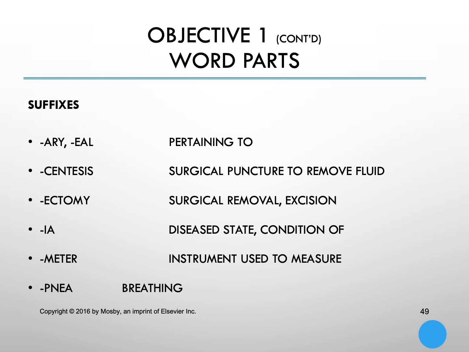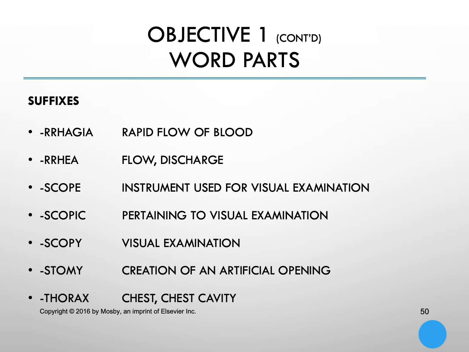Another suffix, IA, refers to a disease state or condition of. Meter is an instrument used to measure. And PNEA, and usually the P is silent, is the suffix for breathing. Some additional suffixes we have. Rhagia, which is the rapid flow of blood. Rhea, which is flow or discharge.